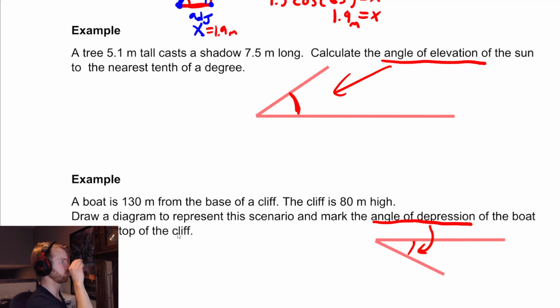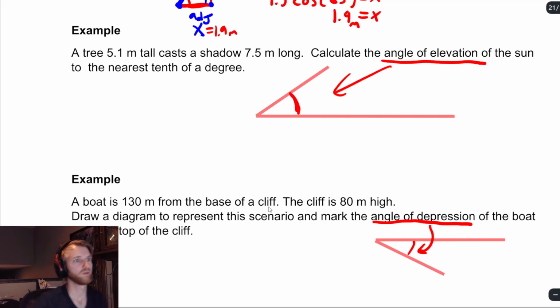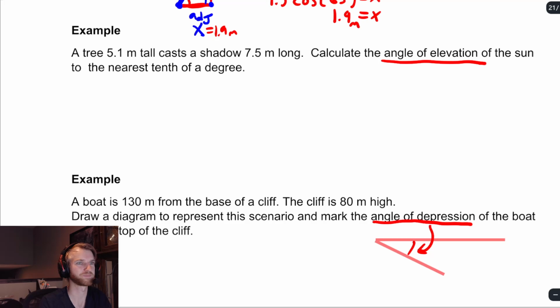It looks much more depressed. You start looking straight across and you go down, and the angle that you make down from there would be your angle of depression. Keep that in mind when we do these problems and later on, because there's a very common mistake that gets made there.